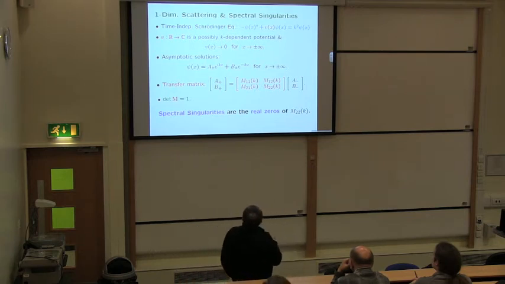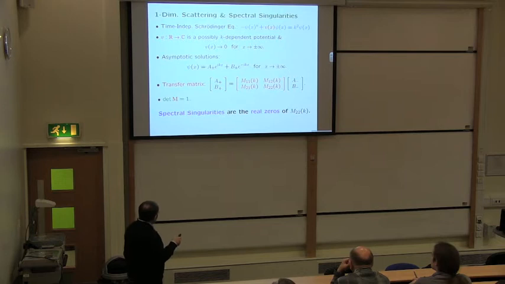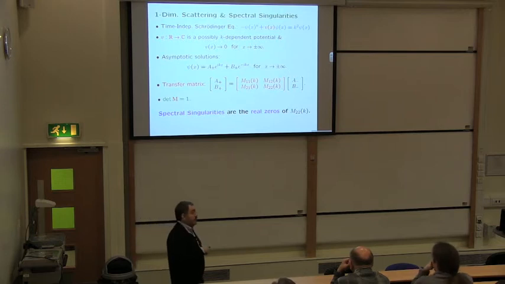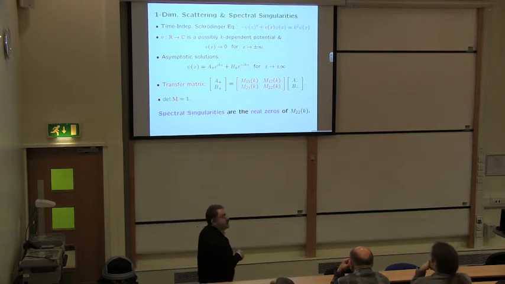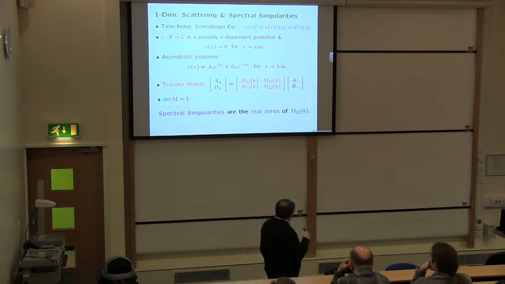And there is a matrix which connects the coefficients at minus infinity to those at plus infinity, which is called the transfer matrix. You can show it has unit determinant, and it turns out that spectral singularities are the zeros of this entry of the transfer matrix which lie on the real axis.